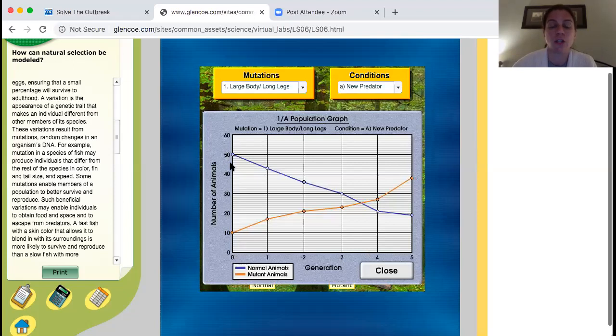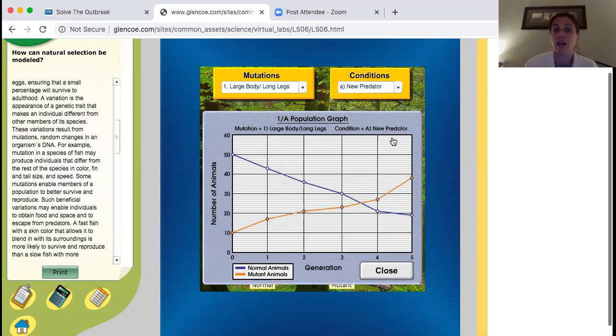Generation 0 for the normal animals is 50, then it goes down to looks like 43, then it goes down, and so on and so forth. So the normal animals seem to decrease while the mutant animals seem to increase when a new predator is added. So what does that tell me?